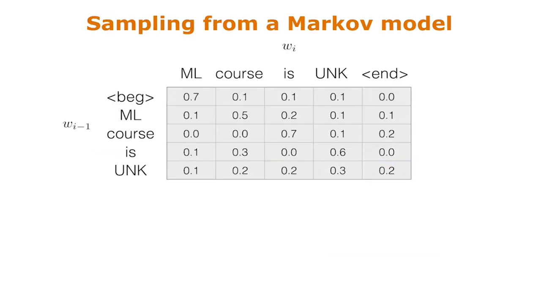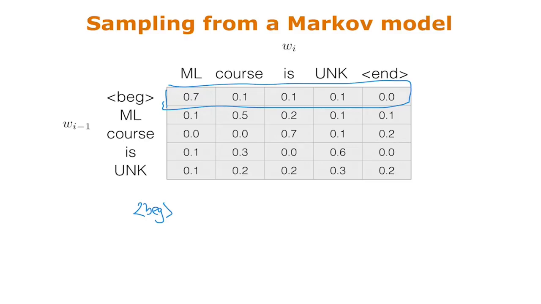Let's look at a simple example of how we would use the Markov model we have just defined in terms of the probability table to generate an actual sentence. The 0th symbol is always the beginning symbol. So then we must look at the row here, the probability distribution over the first word, what comes after the beginning symbol.